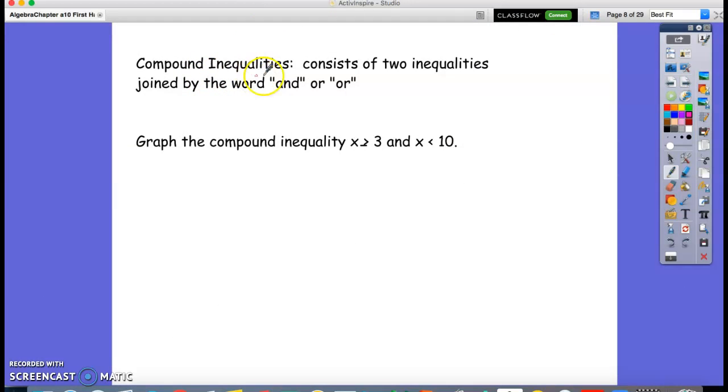Now, compound inequalities consist of two inequalities joined by the word and or or. So graph the compound inequality. There are two inequalities and it's connected by the word and. So how do I graph this? If I have 3 and 10, this means x is greater than or equal to 3 and less than or equal to 10.